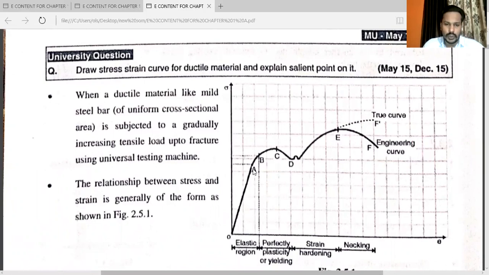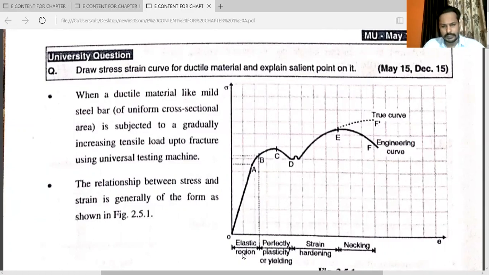From 0 to A, A to B, B to C, C to D, the curve is likewise. Again from D, it is increasing till point E. E to F, that is the engineering curve. And here you can see the dotted curve, that is the true curve, F dash is given.